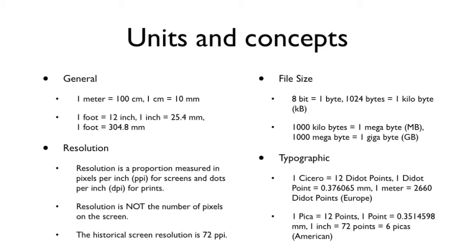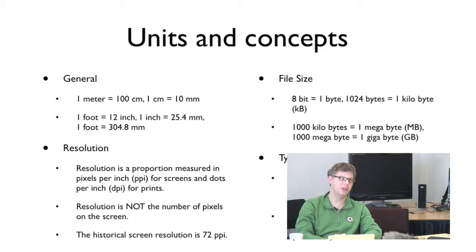The screen is 72 pixels per inch. Exactly. If your screen has a resolution of 72 pixels per inch, then 1 pixel equals 1/72 of an inch. So 1 pixel equals 1 point.